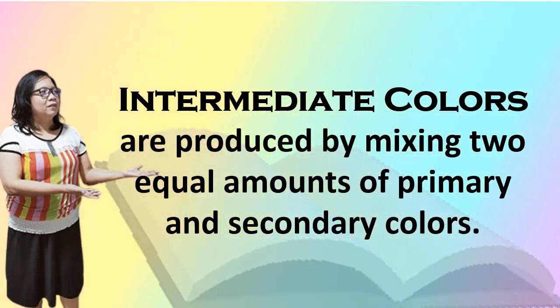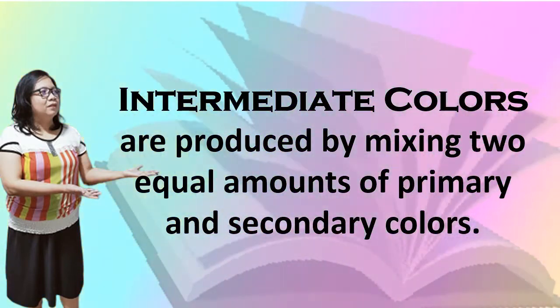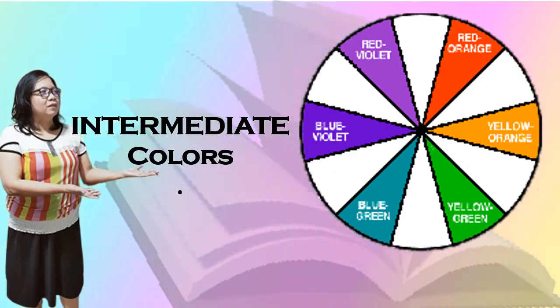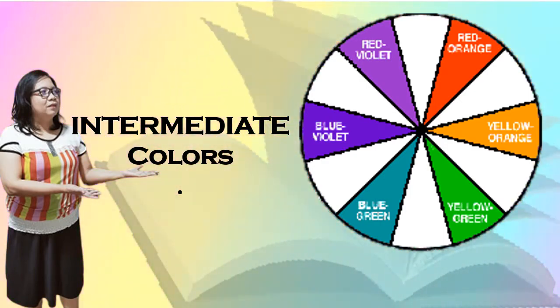Intermediate colors are produced by mixing two equal amounts of primary and secondary colors. Here are the intermediate colors. We have red-orange, yellow-orange, yellow-green, blue-green, blue-violet, and red-violet.